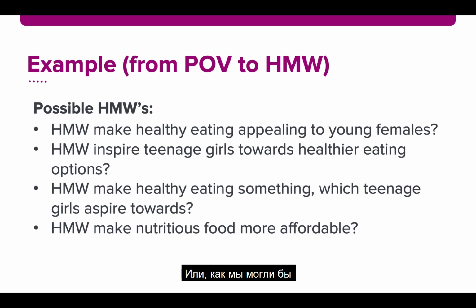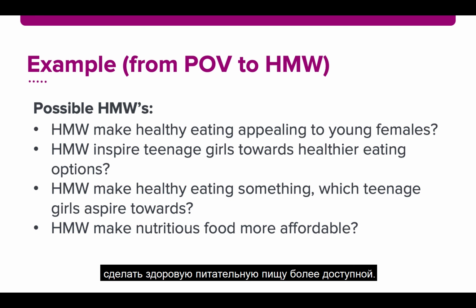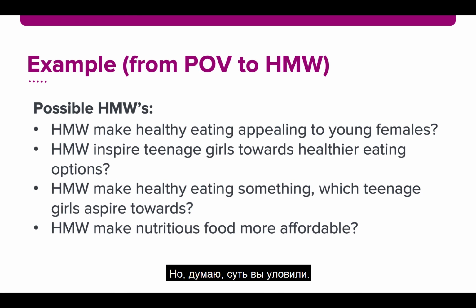Or finally, how might we make nutritious food more affordable? So I could go on and on, but I think you get the gist. It's about giving us several options so we can choose the framing that better suits our team and our way of looking at the issue.